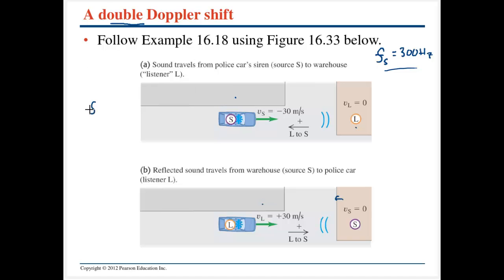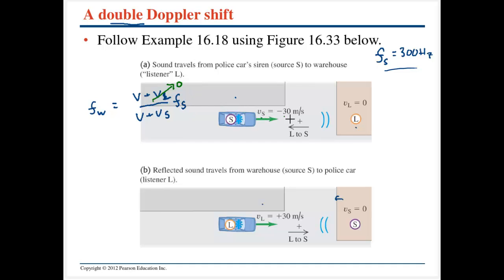So what we can do is say the frequency detected by the wall is equal to the velocity plus the velocity of the listener, over the velocity plus the velocity of the source, multiplied by the frequency of the source. We know that the wall is not moving, so that's equal to 0.